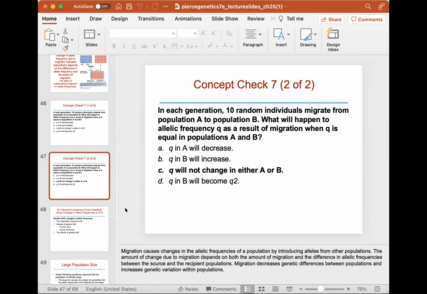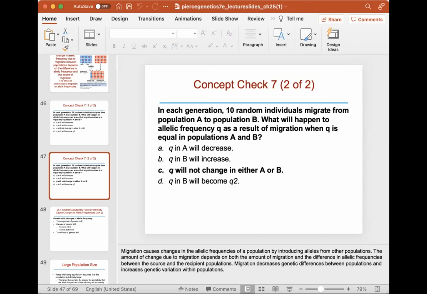So nothing is increasing, nothing is decreasing, Q is just moving. Maya and Joseph have it right on the nose. Because it's random, just as many Q alleles are migrating from population A to population B as P alleles. So the frequencies shouldn't change.